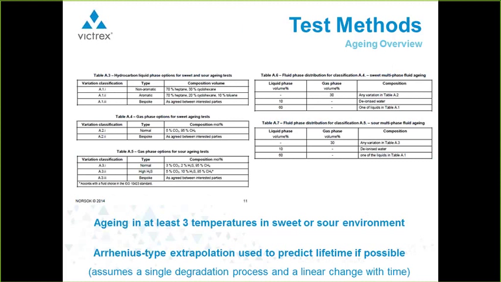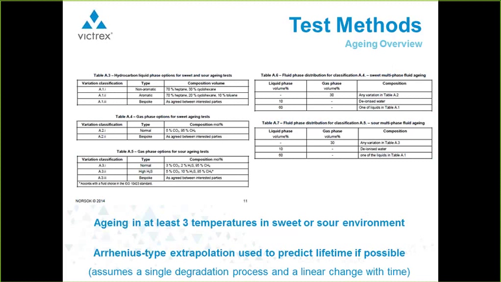So the aging tests require that your material is exposed and aged in an environment which can be selected from a set of standard environments which you see on the left-hand side of your screen. And we age at 3 different temperatures in order to have sufficient data to be able to attempt a lifetime prediction. Clearly, additional temperatures would be an advantage in this respect.